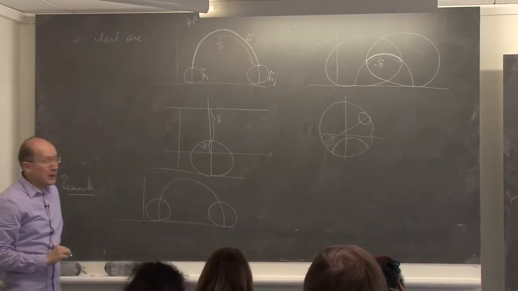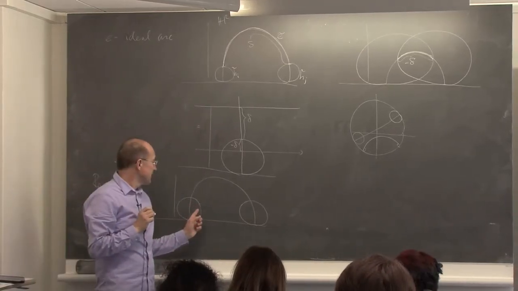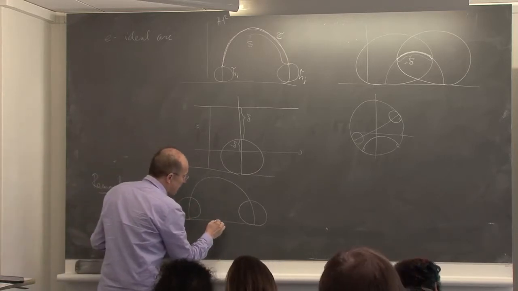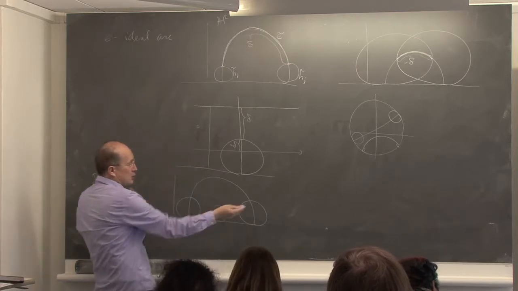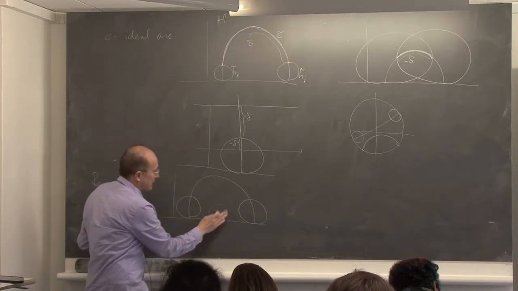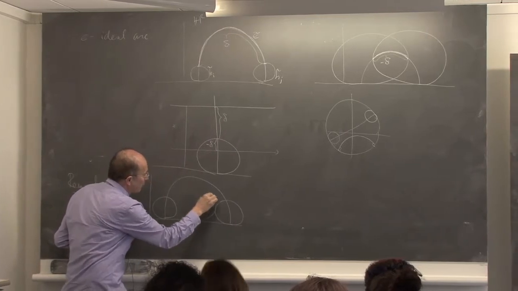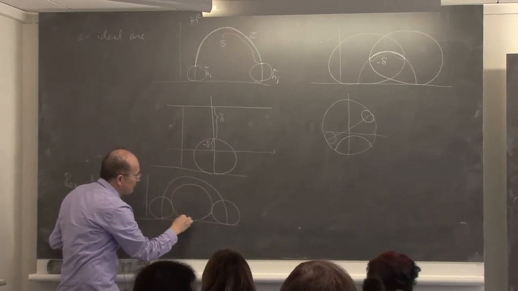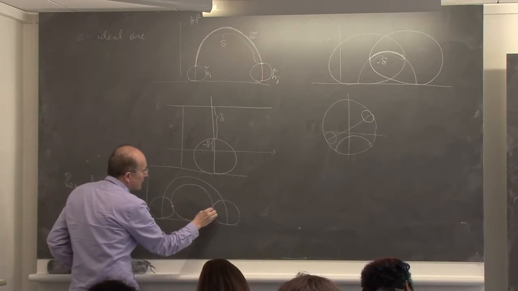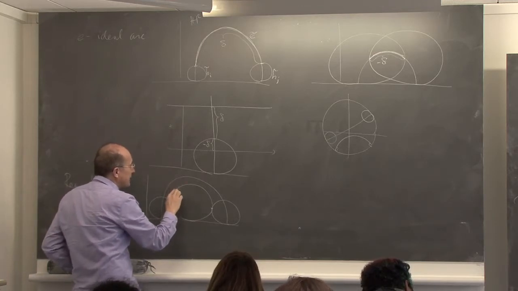And then we can draw one more horocycle, which is tangent to both horocycles here. We just pick a horocycle, and start blowing it up until it touches both these horocycles. Then we will get something like this. And now we can measure the horocyclic length of that segment.